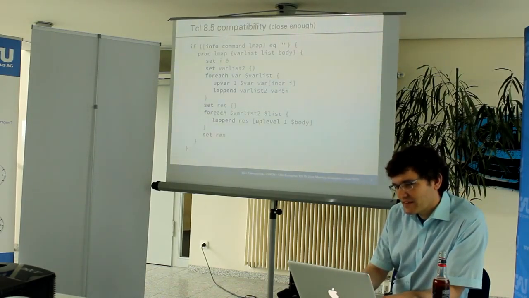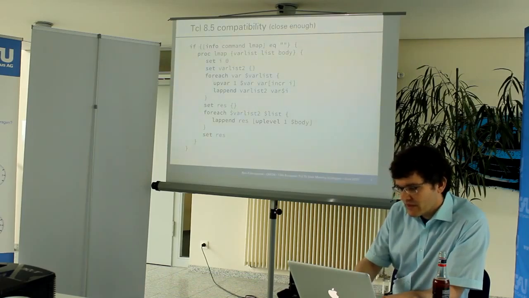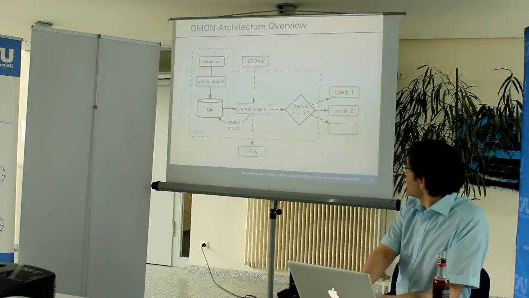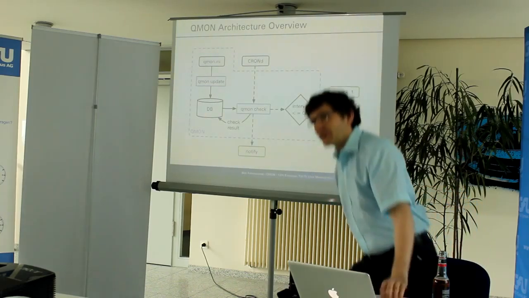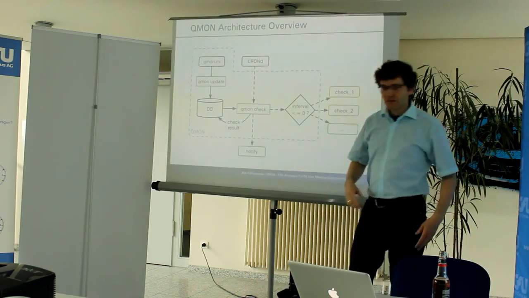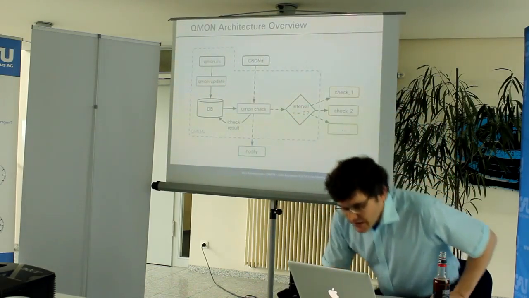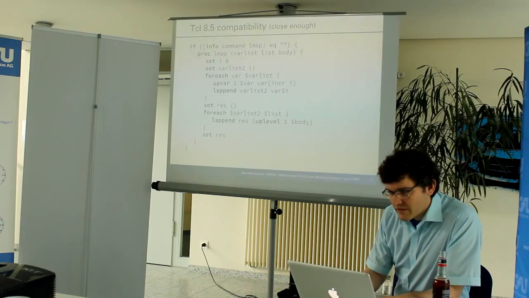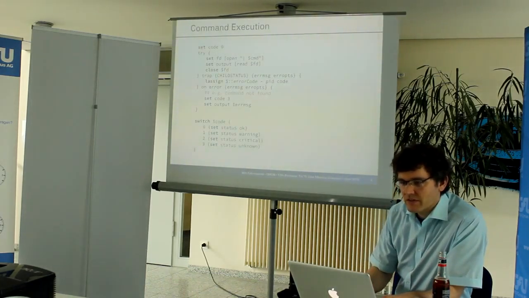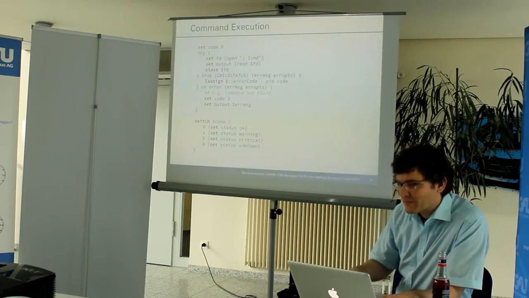Okay, let's have a look at the actual command execution. Let's go back to here. You can't see that. No, you can. I'm executing lots of commands. All these are shell commands. So is this. So I'm executing lots of commands. That's where the try and, well, that's where the package require try comes in. Looks like that.